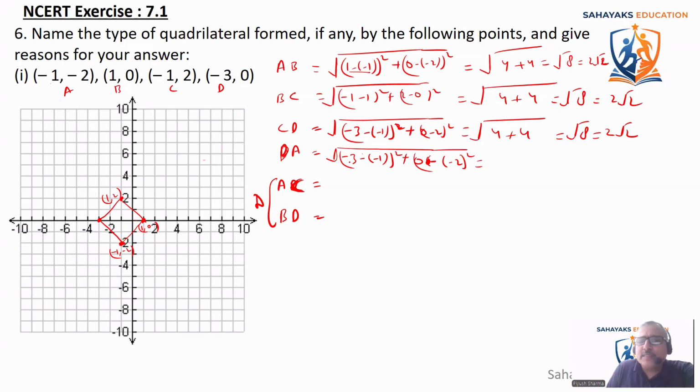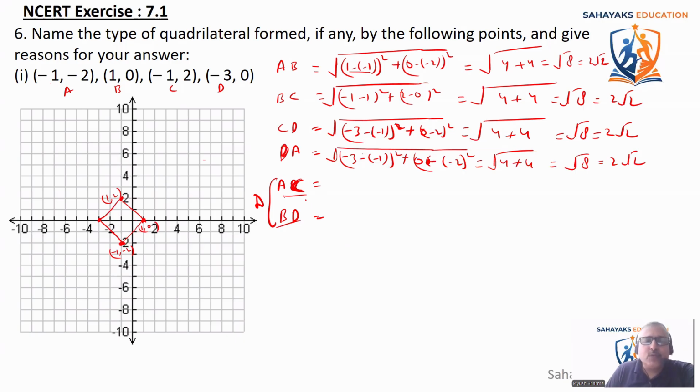So this is minus 3 plus 1, which is minus 2. Minus 2 square is 4, plus minus 2 square is again 4. So it becomes square root of 8, which is 2 root 2. So basically all four sides are equal, and we can say that yes, it can be a square. But let's find out AC and BD to ensure that it is a square.